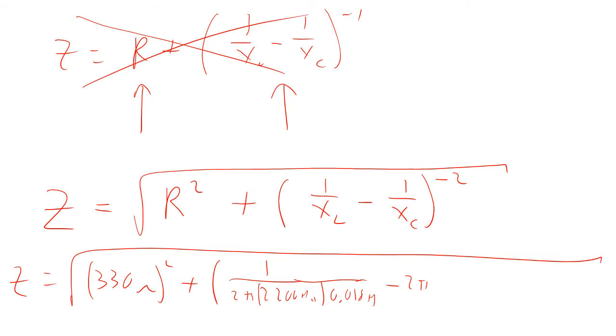So 2 pi times 2,200 hertz, and that's going to be 1.2 times 10 to the minus 7 farads, all of that to the minus 2. Do all that, and the impedance comes out to be 537 ohms.